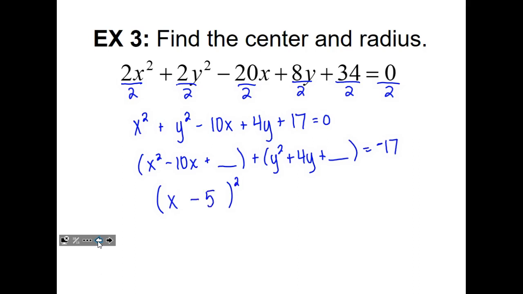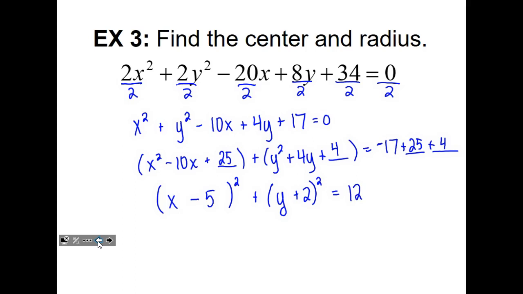We will square that 5 to get a 25 here, so we'll add 25 here. Then we will have a plus 2 here. We will square that and get a 4 here, so we've got to add 4 here. So see, that gives us 29 minus 17 is going to give us 12.